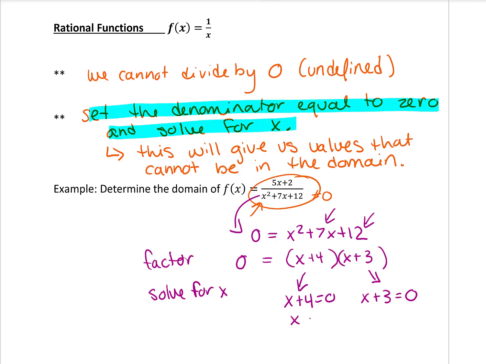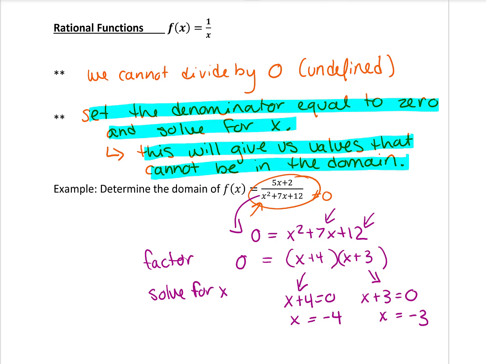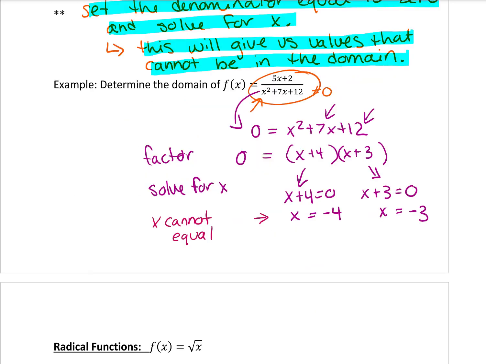We isolate the x, and then we have our two answers. Now remember what I said above. This will give us values that cannot be in the domain, because if they are in the domain, the function is undefined. So now let's write our domain in interval notation.